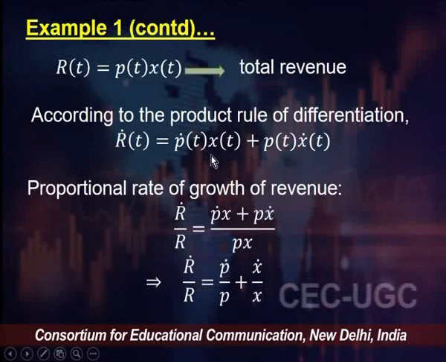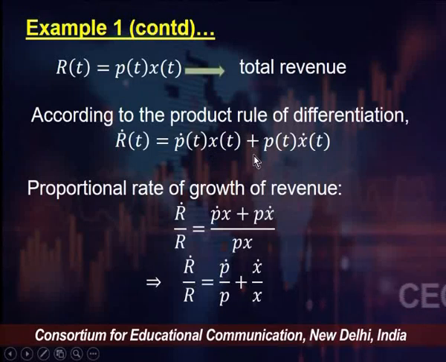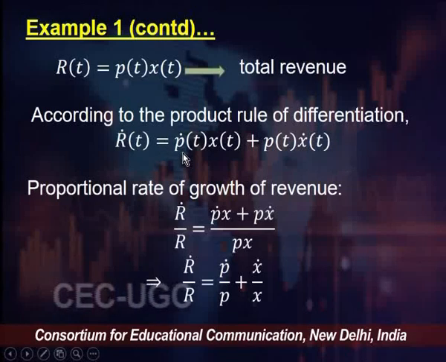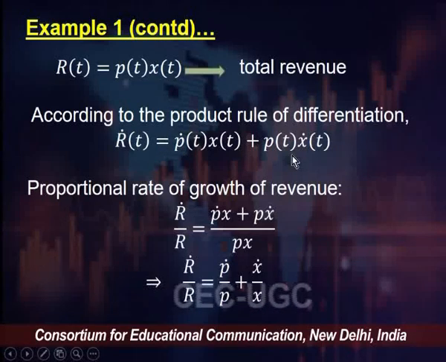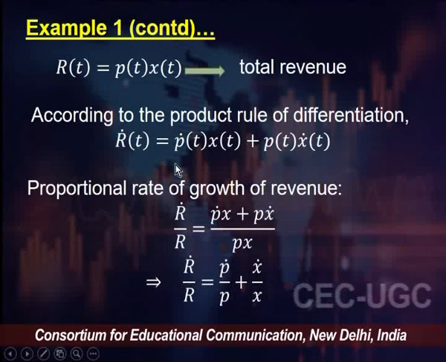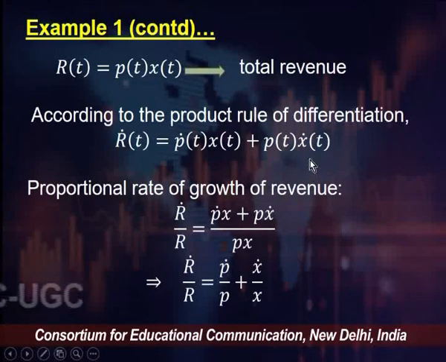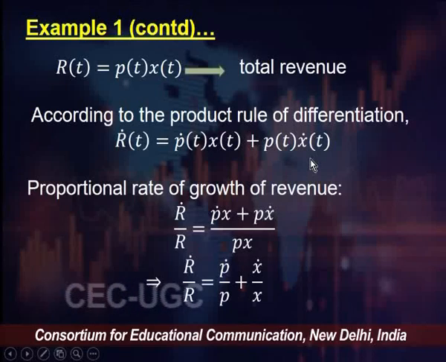So p dot times x plus p times x dot. Let us suppose, just to give this some structure, that p dot and x dot are both positive, which is to say that both prices and the extraction are increasing over time.